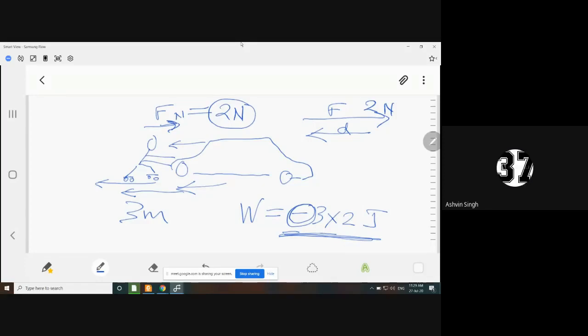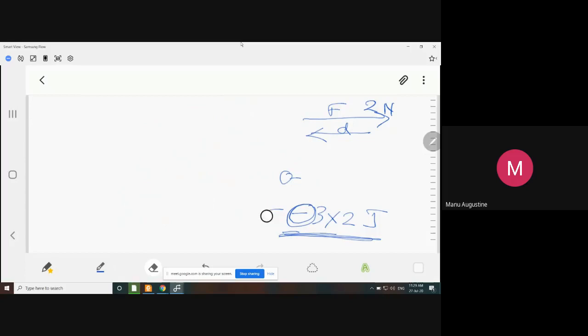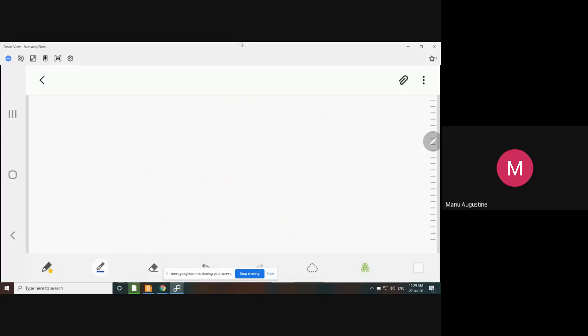Okay, now sir, this concept of work is clear now. So we can say that in general, if a vector of force is there and a vector of displacement is there, so I will put a vector symbol on these. A vector of force and a vector of displacement.